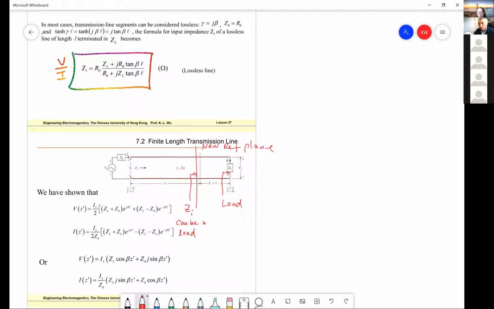Then you can find a reflection coefficient for this load, ZL. I use 0 to indicate the very original reflection coefficient. However, this reflection coefficient is just a function of location. That's it.